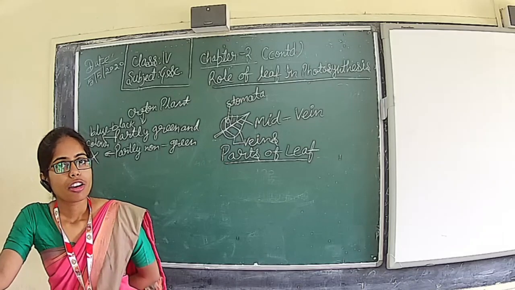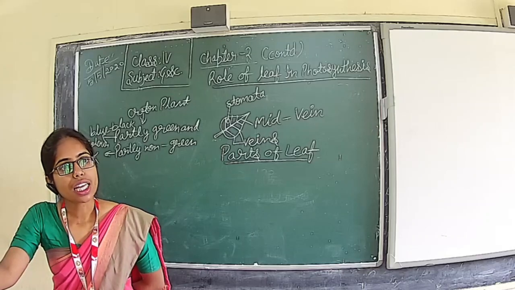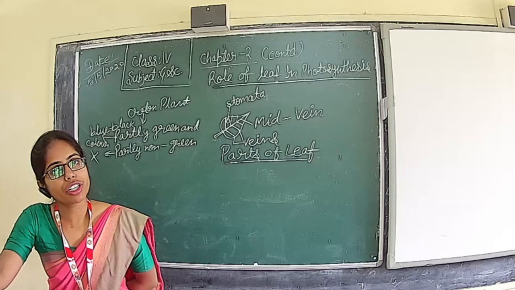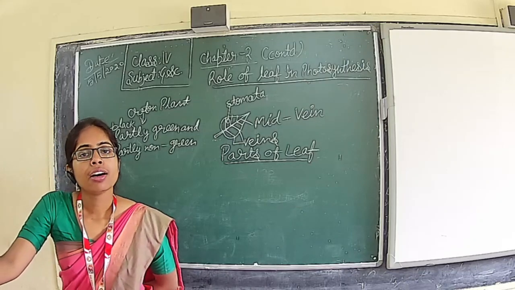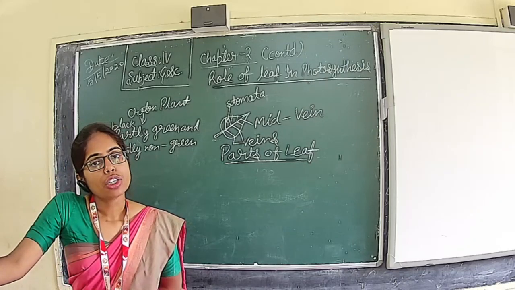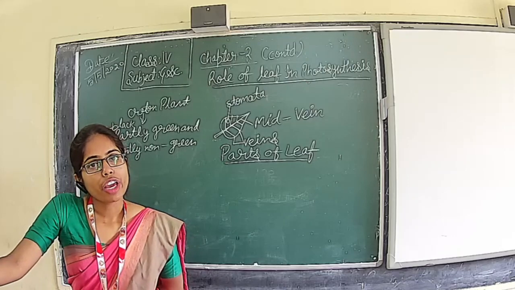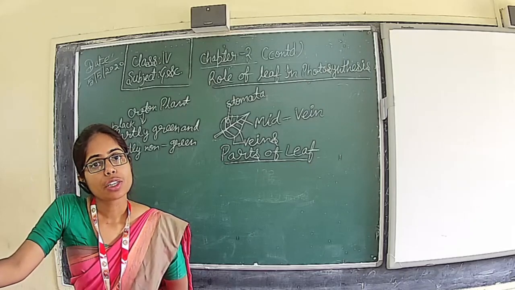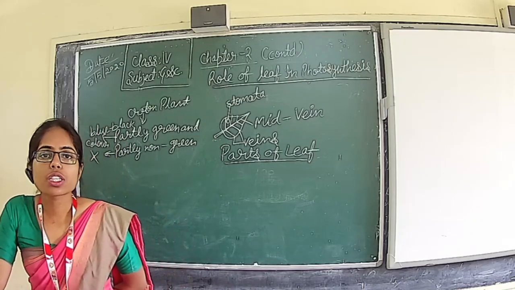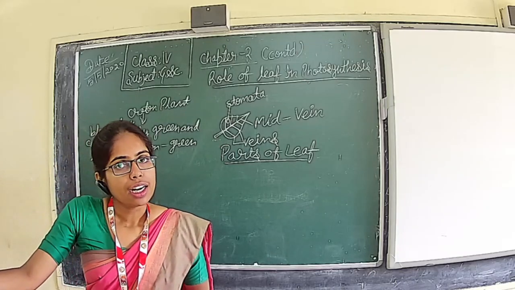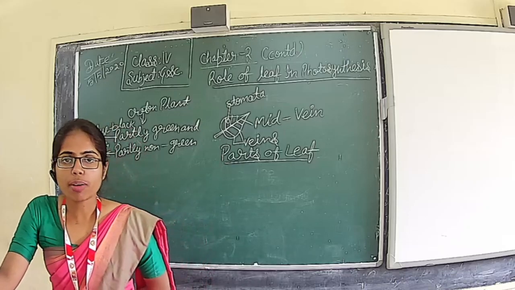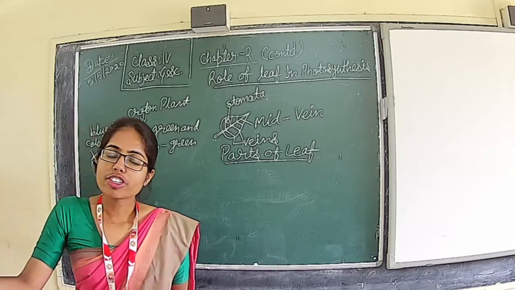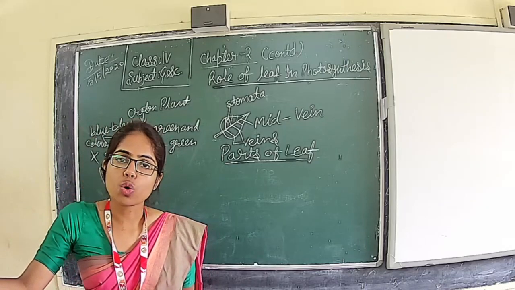We can see that when the starch test was performed on the leaf which was covered with dark paper, no changes occurred on that covered leaf. But when it was performed on the leaf which was not covered, it shows blue-black color.